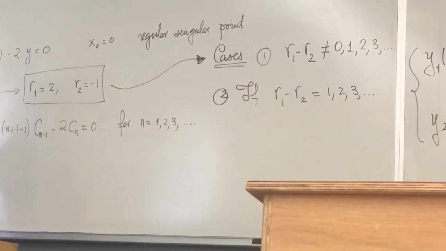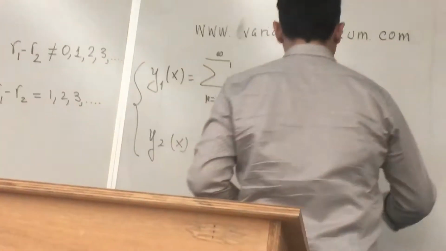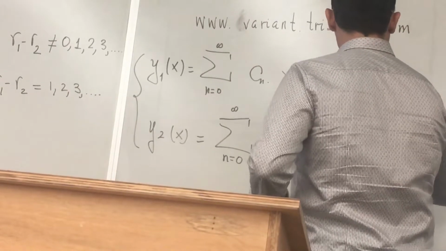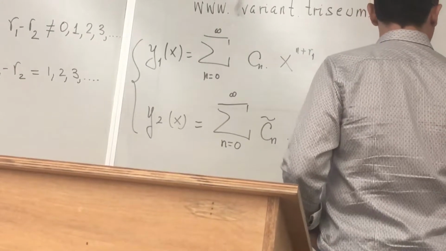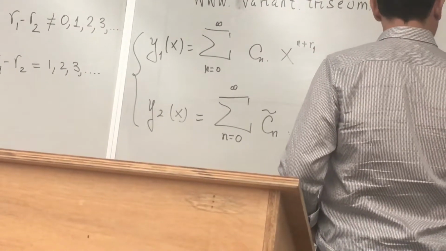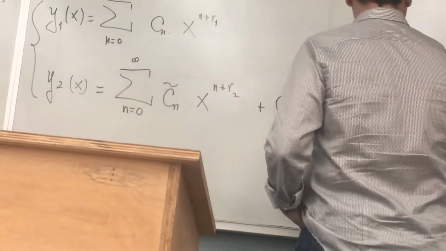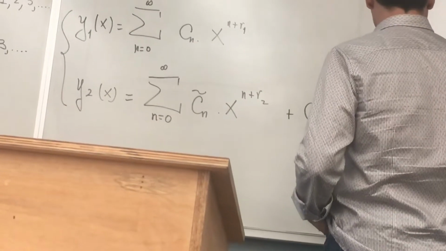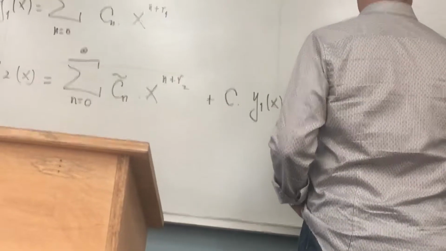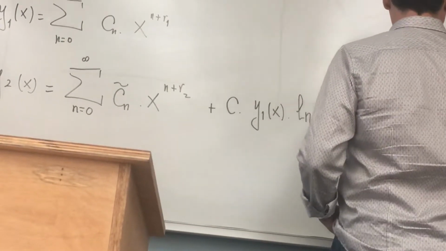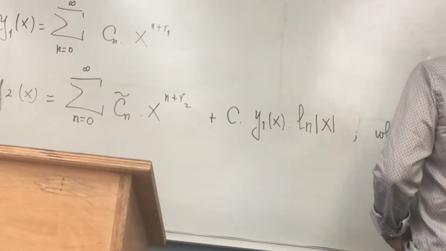Then the first solution is always the same. But the second one might or might not have an extra term, where C could be either 0 or not 0.